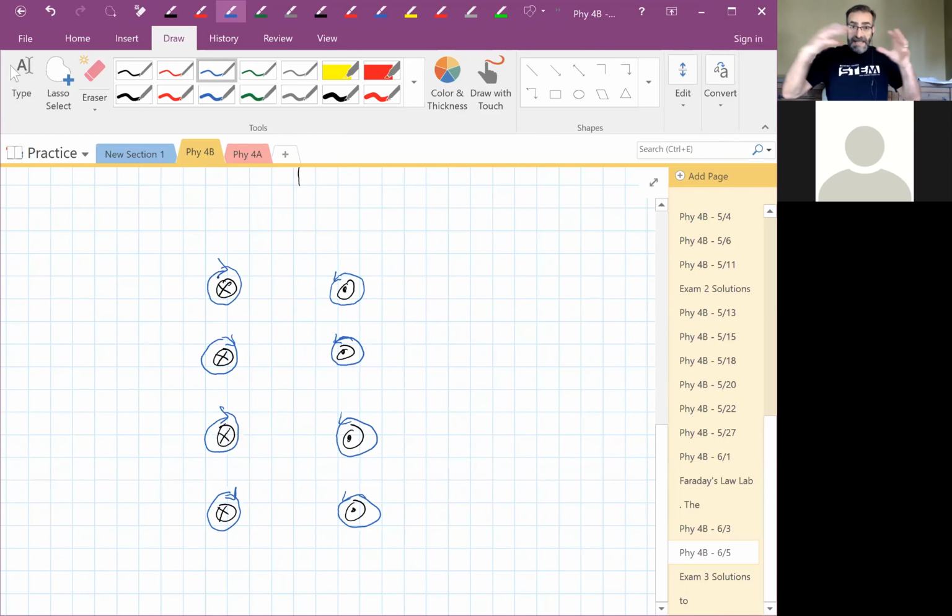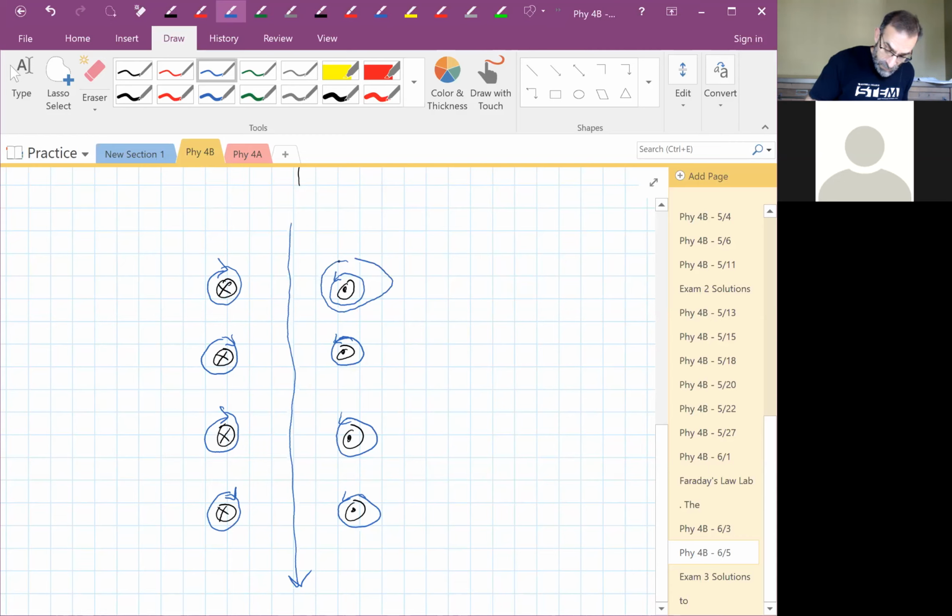And then if we step back a little bit, there'll be another magnetic field line we can draw. It's going to look something like this. And there's going to be one that goes right down the middle. And then there'll be another one. I'll come back over here. Probably something like that.